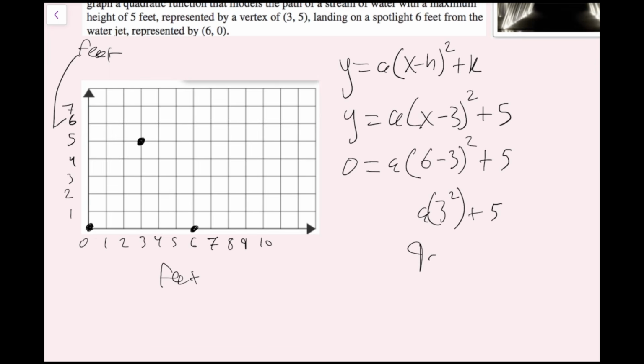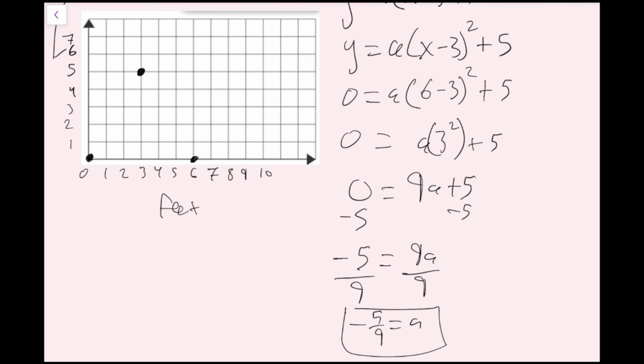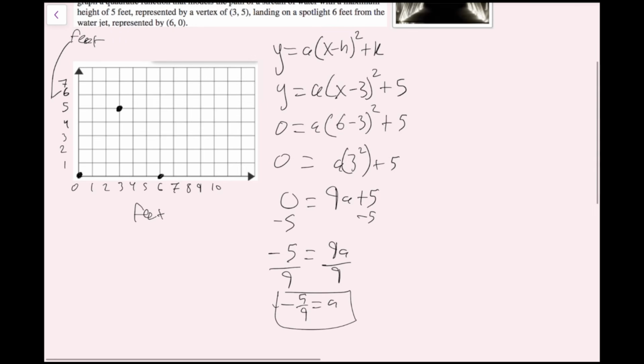So this becomes 9a plus 5, and I'm going to bring down my zeros. So now I'm going to subtract 5, and I get negative 5 equals 9a. I can divide by 9. Negative 5 ninths equals a. So all I need to do is plug this back in up here, and then I get my function.